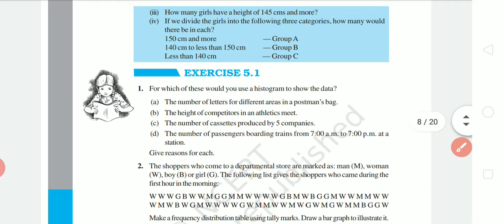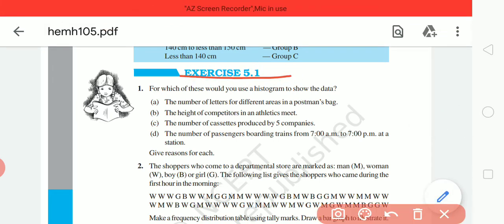Now come to the first question of exercise 5.1. In that you have to tell in which case we can draw the histogram. When we have been given some idea about the number, that how many of the things are occurring, then we will draw a histogram, otherwise we will draw a bar graph.